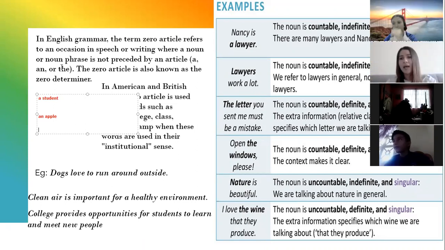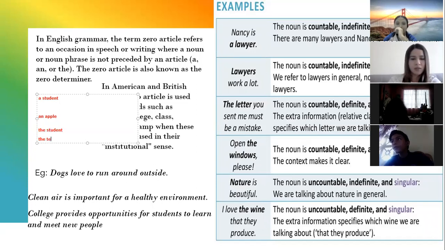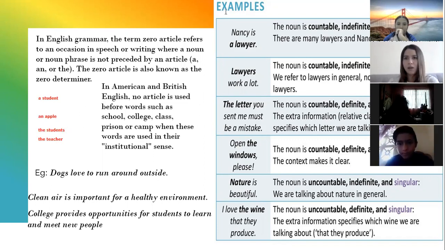To say all of you, not just one student, the student, the teacher. It can be used in plural and singular.